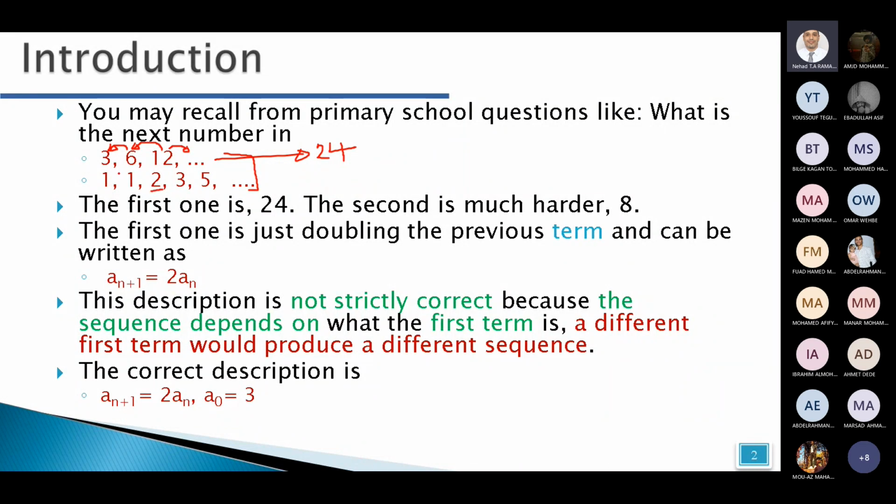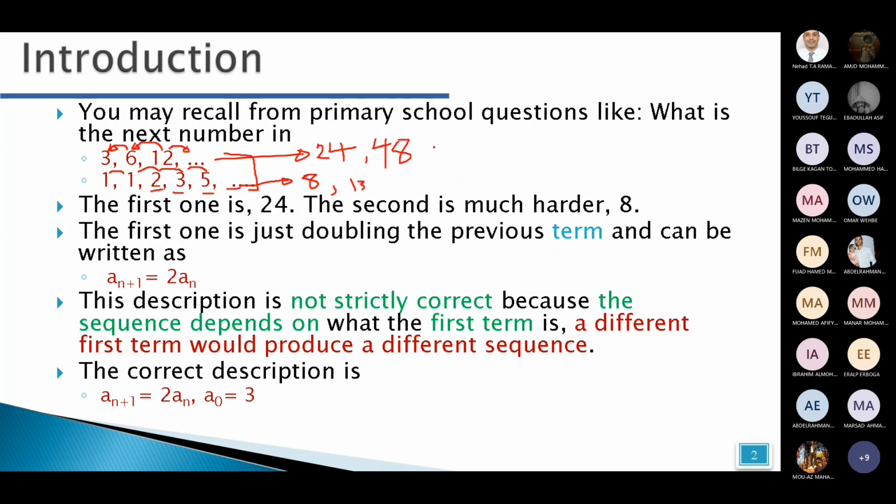So 2 comes from 1 plus 1. 3 comes from 2 plus 1. 5 comes from 3 plus 2. Then the next term is 5 plus 3, the summation of the previous two terms, so it's 8. Okay, next term for the first one is easy: 48. Next one here, 8 plus 5, it's 13.